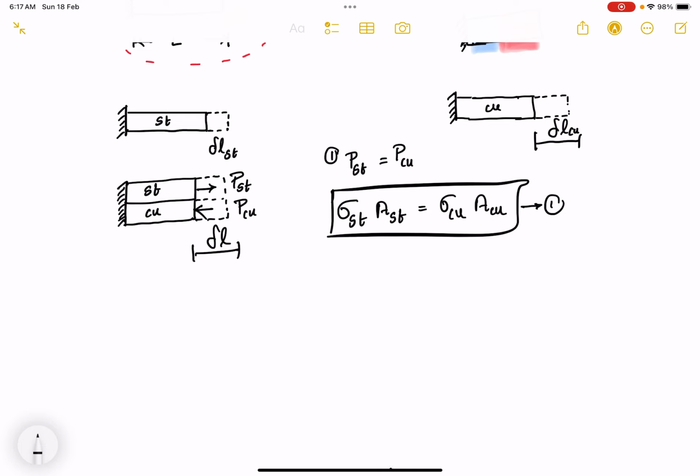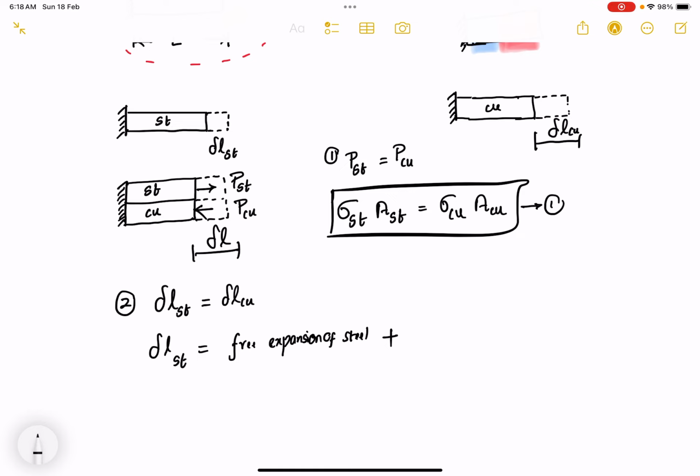Okay. So what is the second equation? The second equation is, you can see the change in length of steel should be equal to change in length of copper. So first, let me analyze the change in length of steel, and that is equal to free individual expansion of steel, and plus steel is tugged along by copper.